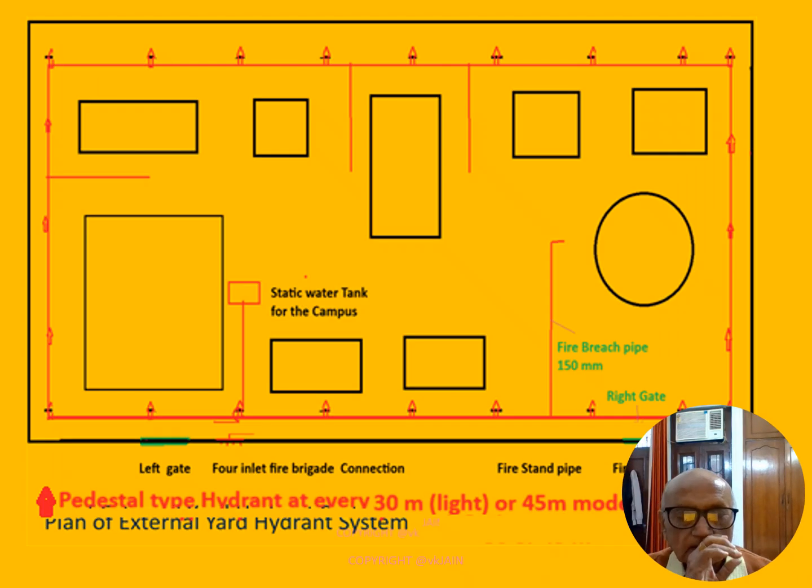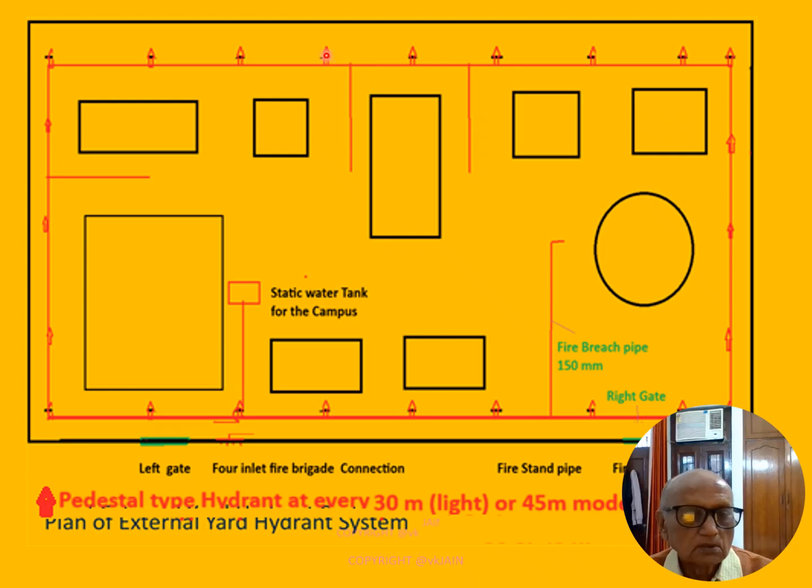Friends, this particular diagram shows how several different types of buildings are to be protected through a yard hydrant external system, in which several standpipes are shown.